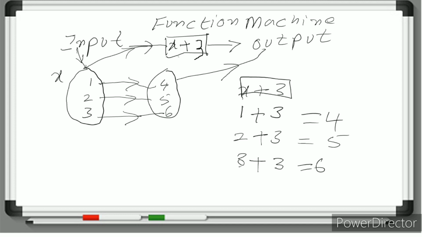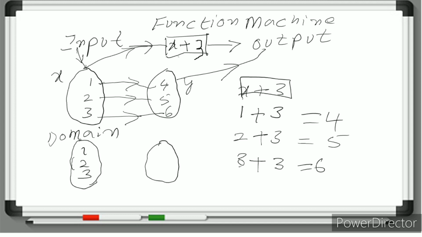Now boys, what I want you to see here: in higher grades, these input values we call x, and the outputs which we got, 4, 5, 6, we call y. And when you go to grade 9 and grade 10, they will give one name, they will call the input values the domain, boys. In the domain we have x values, that is input values 1, 2, 3, and here we have another, that is the codomain.